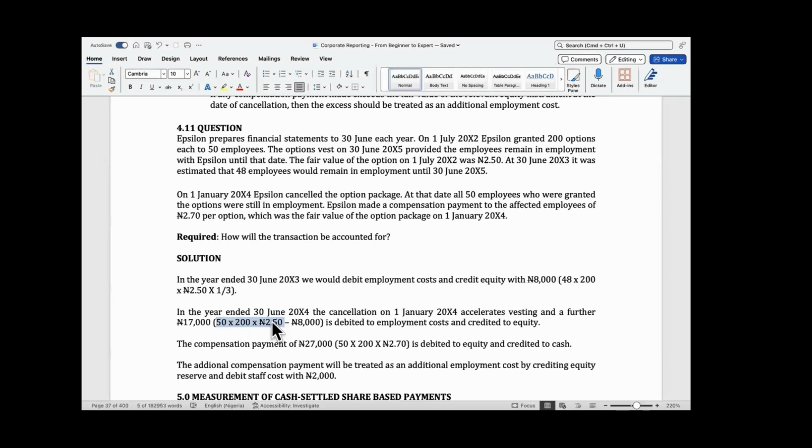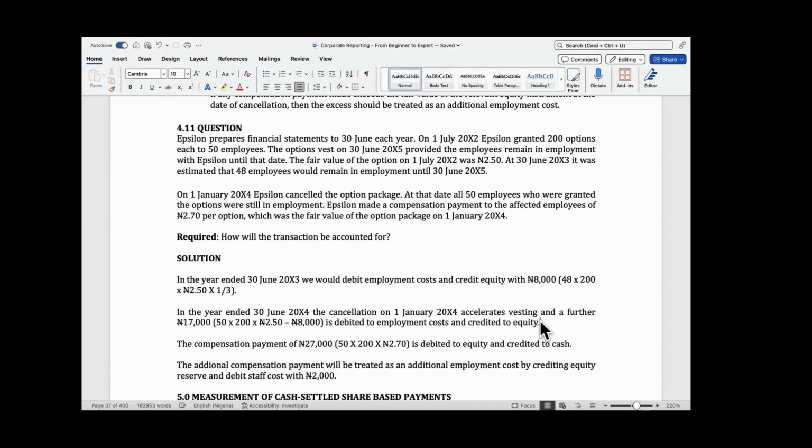That's 25,000 minus what we had recognized before. So an additional 17,000 will be recognized to employee costs, and the other leg credited to equity. So what is in equity now, as at the end of June 2004, is cumulative 25,000, and the whole of that 25,000 is due to them immediately. That's what we mean by acceleration of vesting.